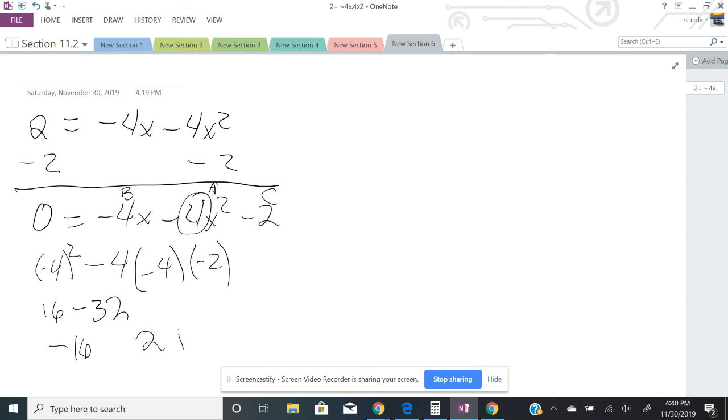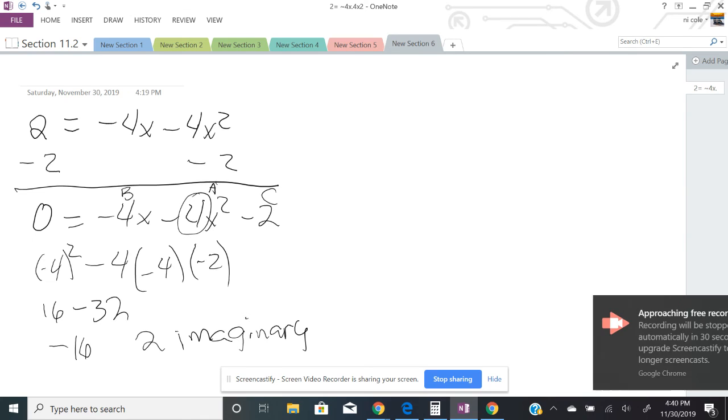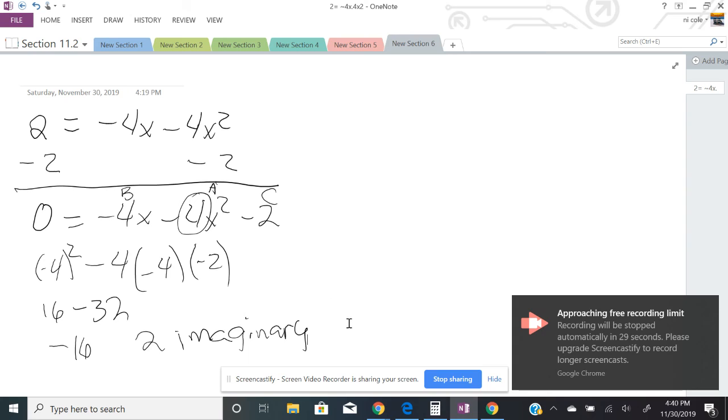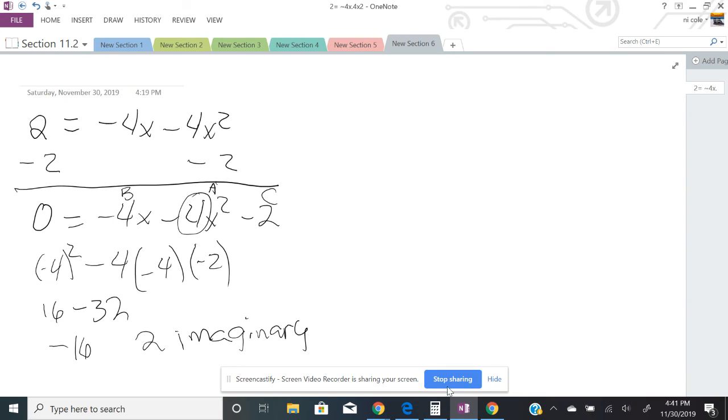So that's 2 imaginary solutions, or as in the book or on MyMathLab, it'll be 2 complex. Email me if you have any questions or ask me in class.